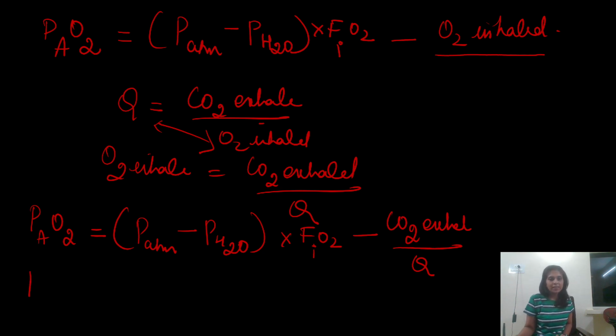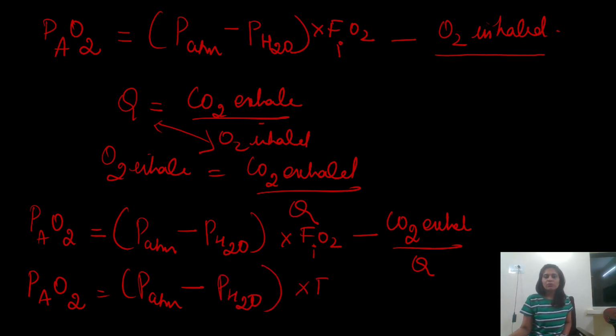So what is the final alveolar gas equation? Alveolar partial pressure of oxygen is equal to total atmospheric pressure minus partial pressure of water vapor into fraction of oxygen in the inspired air minus alveolar partial pressure of carbon dioxide by respiratory quotient.